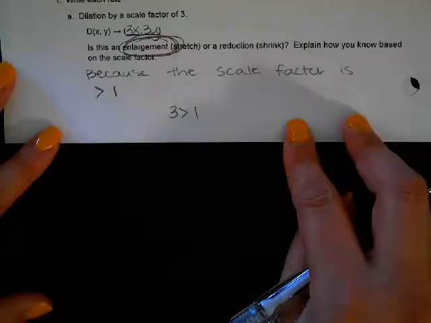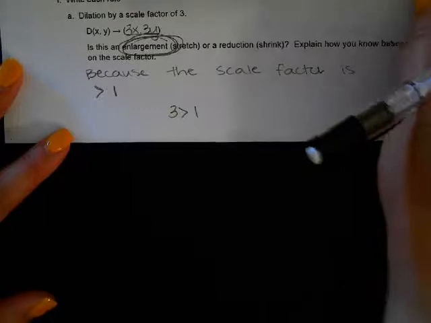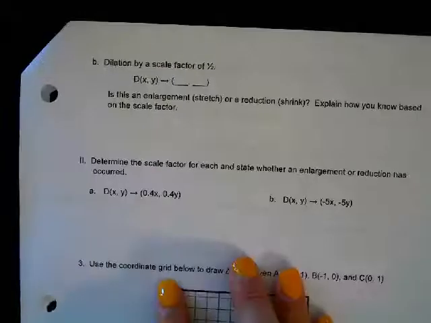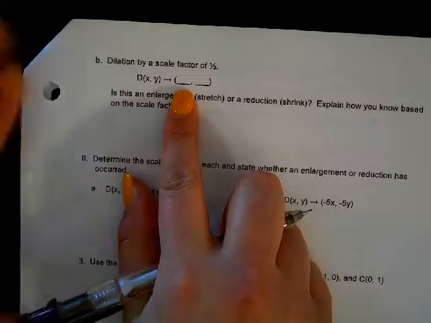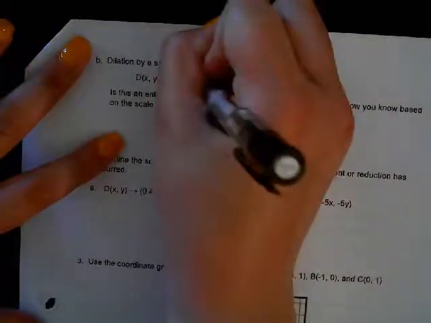All right, go ahead and flip the page. All right, scale factor of 1/2. Okay, how do we write the rule? 1/2 x, 1/2 y. Okay, reduction, and less than 1.